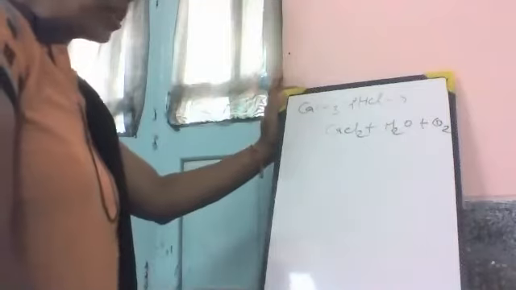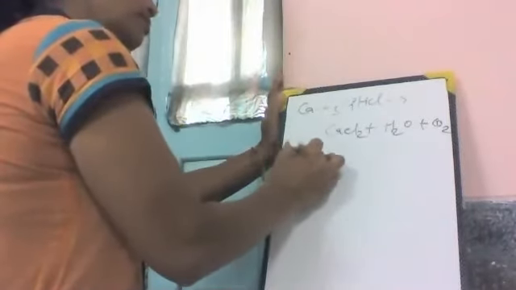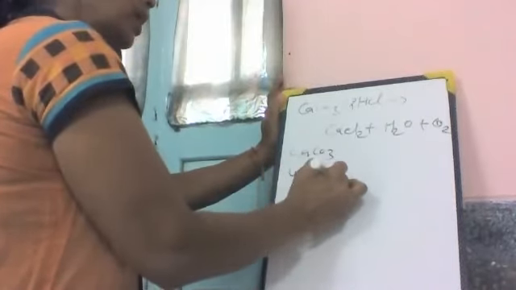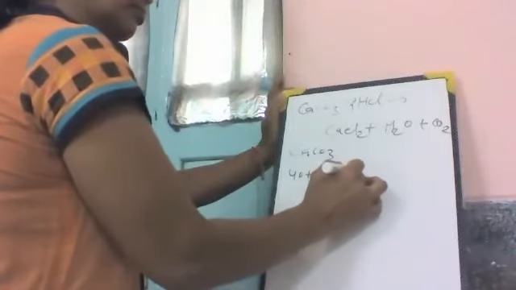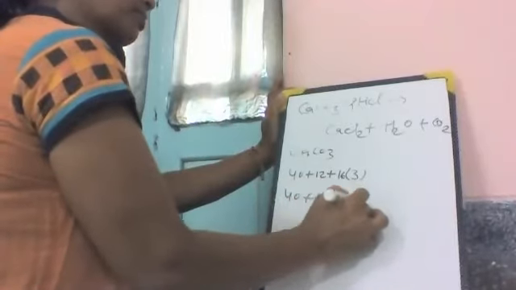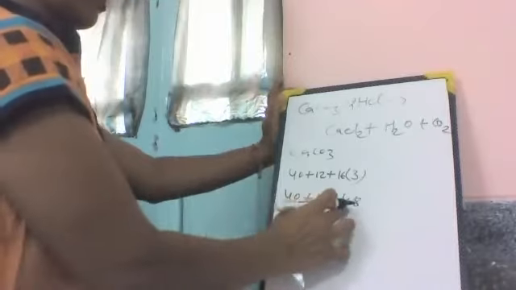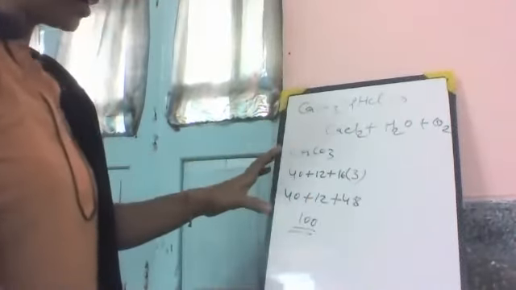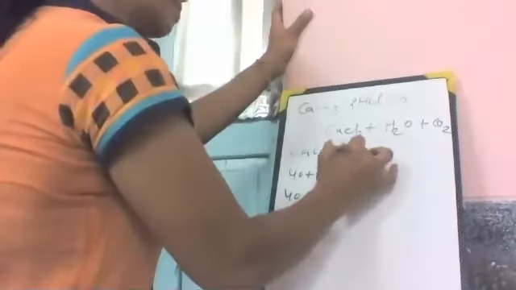100 grams of calcium carbonate react with 73 grams of hydrochloric acid. Calcium carbonate is 40 plus 12 plus 48, which is 100.